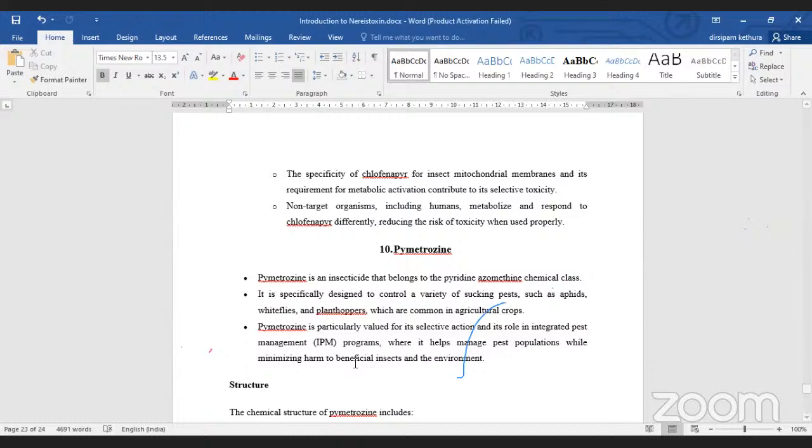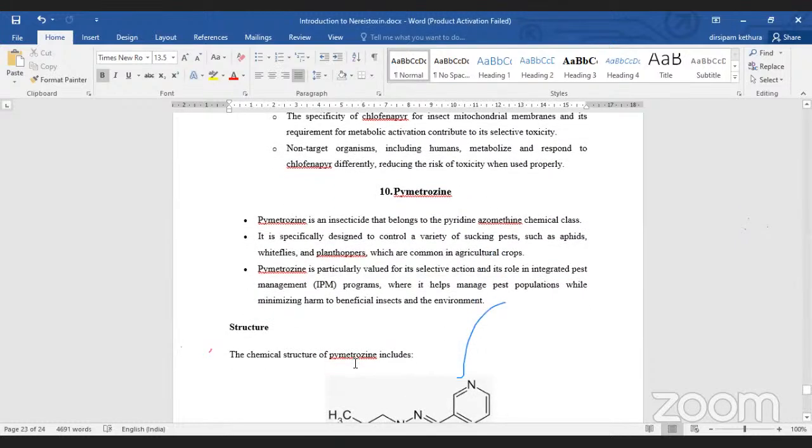And coming to the last one under this, molecules with different chemistry, the last one is pymetrozine. This pymetrozine is effective against aphids, whiteflies, etc. And it has a systemic and translaminar activity.